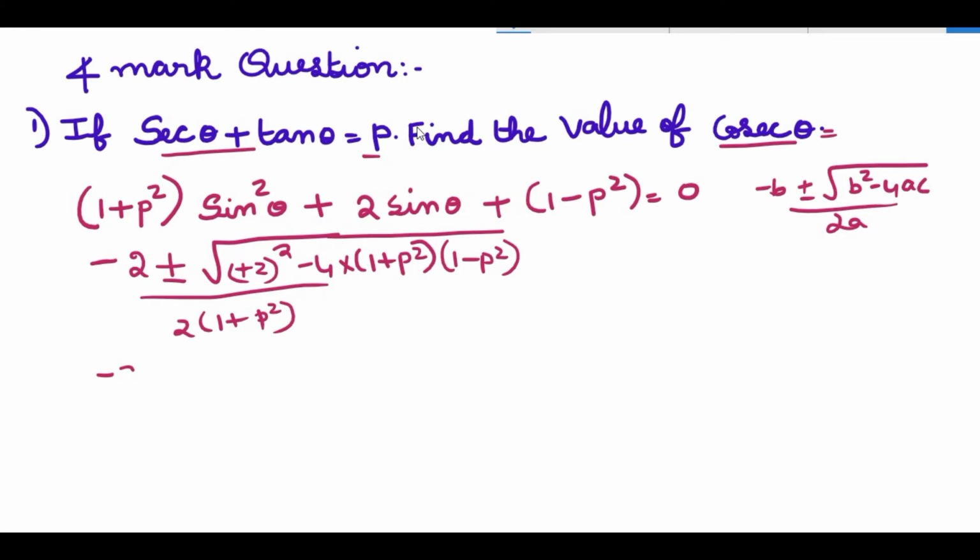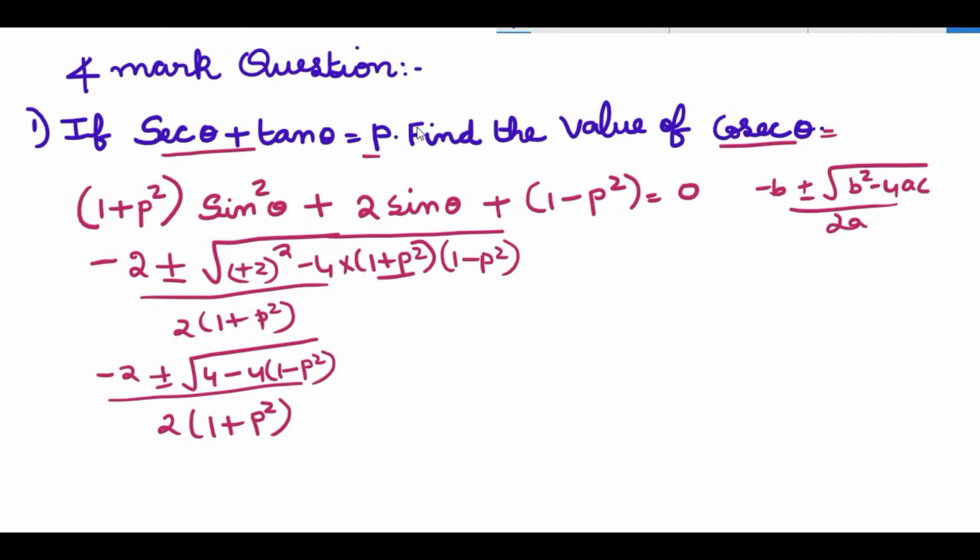So when you simplify this, minus 2 plus or minus 4 minus 4 into 1 minus p square divided by 2 into 1 plus p square. Because 1 plus p square into 1 minus p square is in the form of a plus b into a minus b, and a plus b into a minus b is a square minus b square.